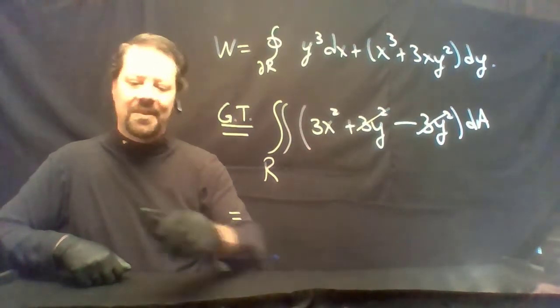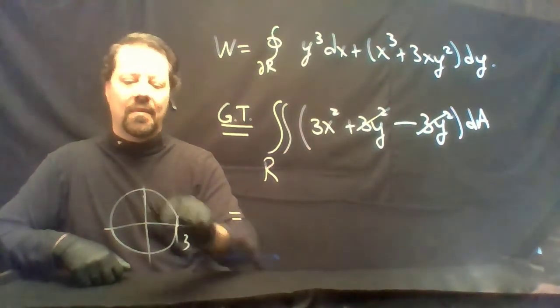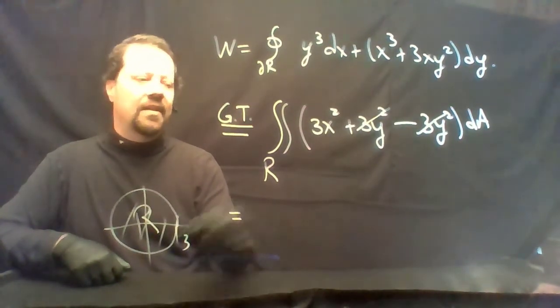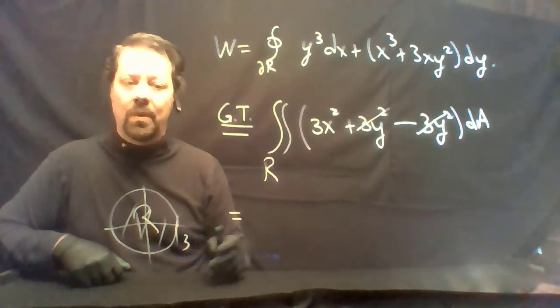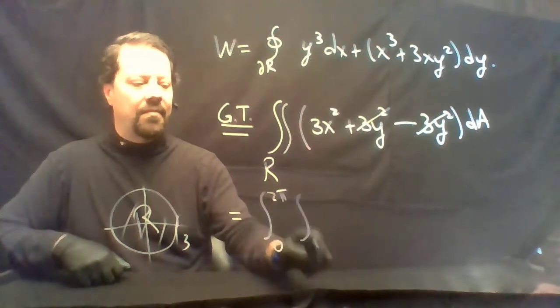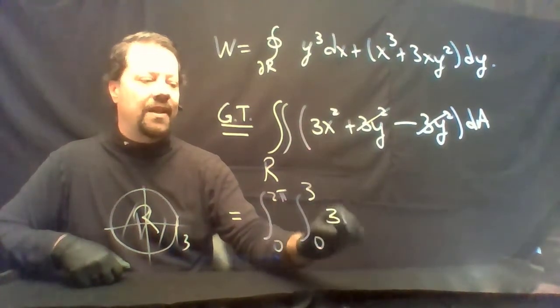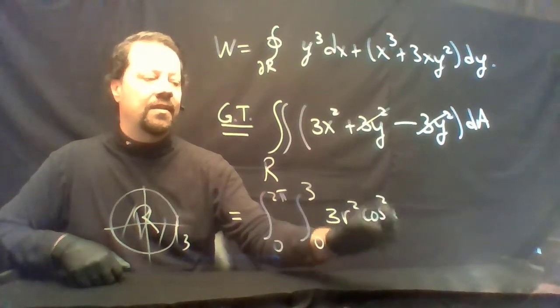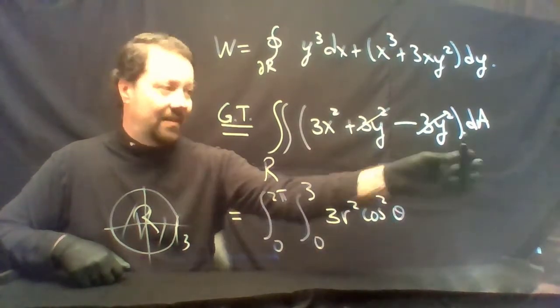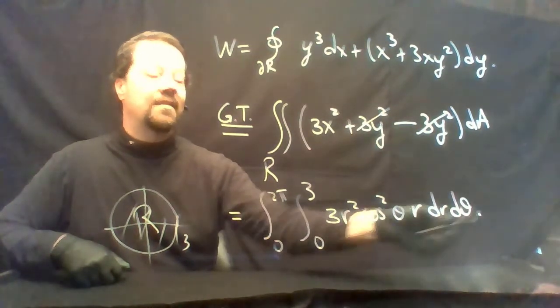To set this up, since we're integrating over a disk of radius 3, we should use polar coordinates. 3x squared is going to be 3r squared cosine squared theta. The element of area is r dr d theta.